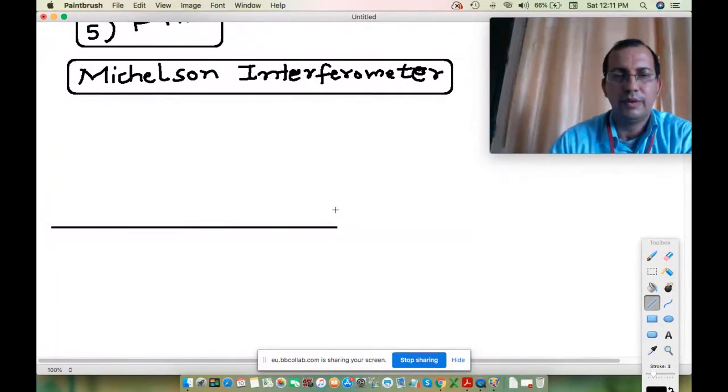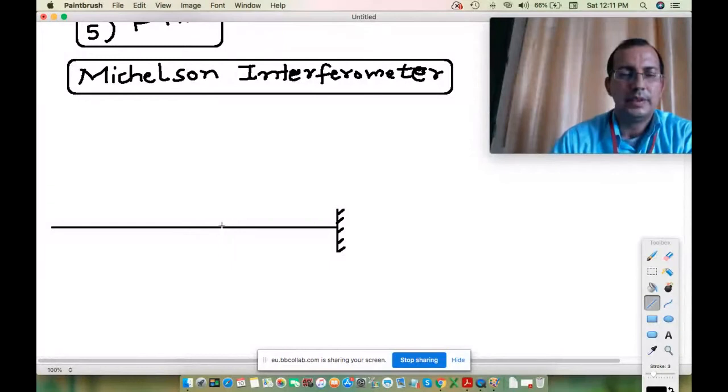So here we have one mirror, and this mirror is a fully reflecting mirror. And then here you have a beam splitter at this point.